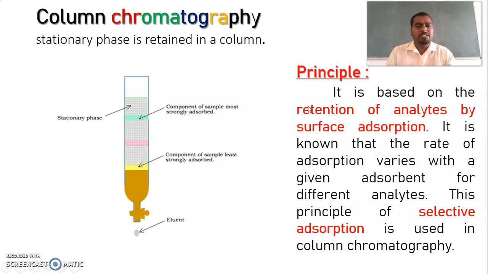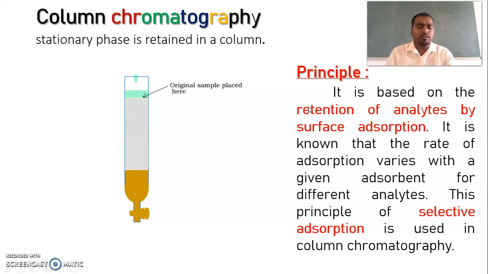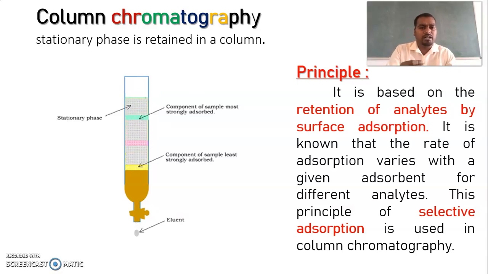So first we dissolve the sample in a mobile phase or solvent. Then it is passed through a stationary phase, that is a porous solid. These analyte particles get adsorbed or retained on the stationary phase to different extents, because each analyte possesses different physical and chemical properties.